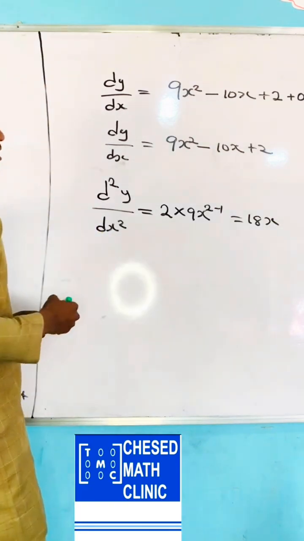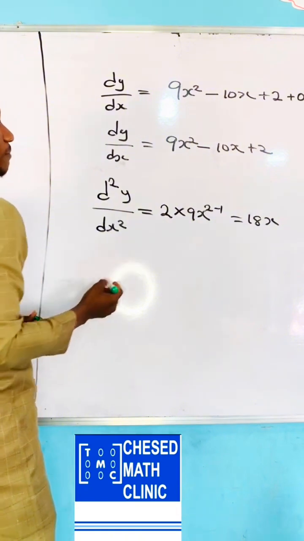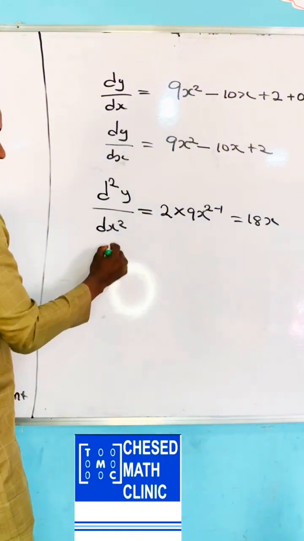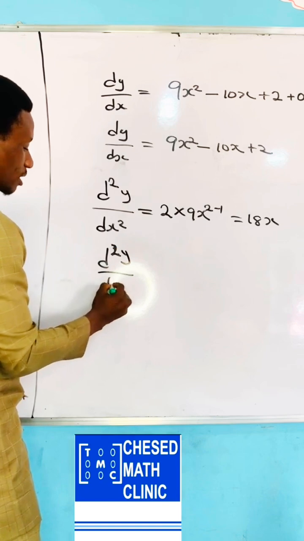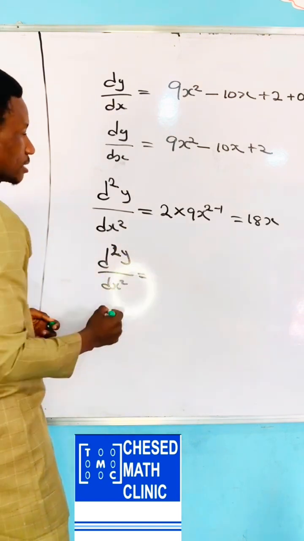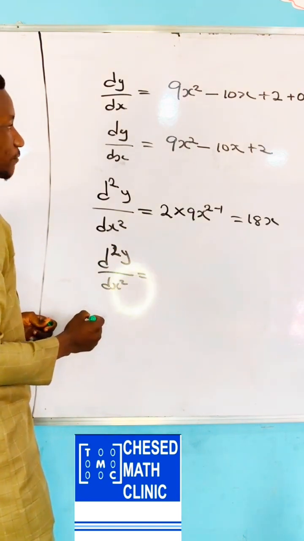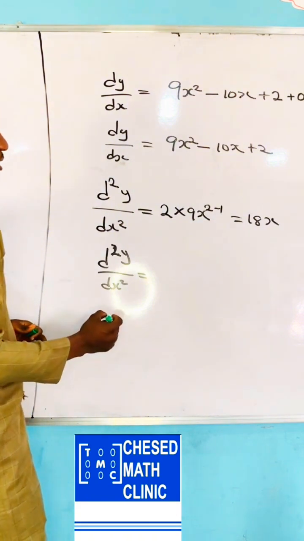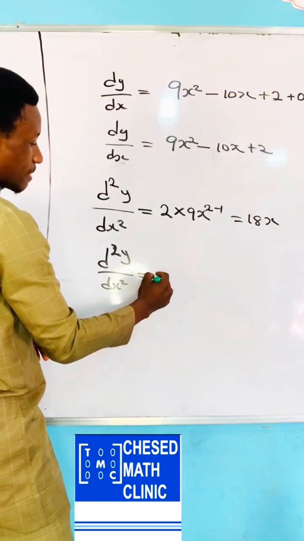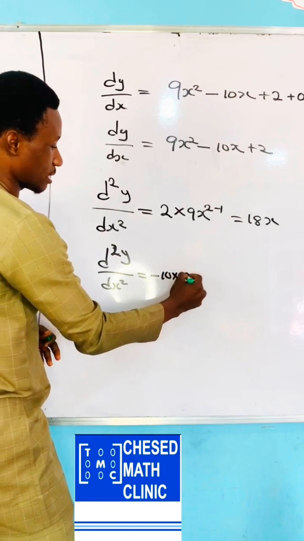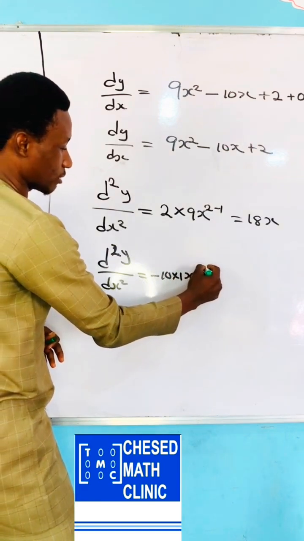Now let's differentiate the second time for the middle term, minus 10x. So d squared y over dx squared is the same thing as differentiating this the second time. So how do we differentiate this? The power here is 1, don't forget. So it is the same thing as minus 10 times 1x to the power 1 minus 1.